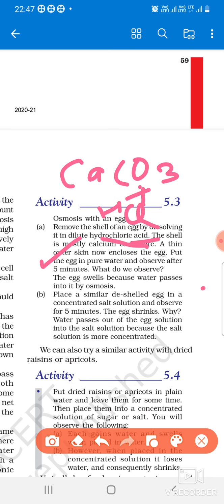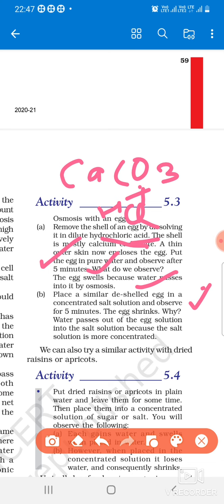Now put this egg in pure water, and after some time we will observe that the egg size will increase. It means osmosis has taken place, the water from outside has entered into the egg. And when we place the same egg that has swollen up in salt solution or sugar solution, the egg size will shrink.